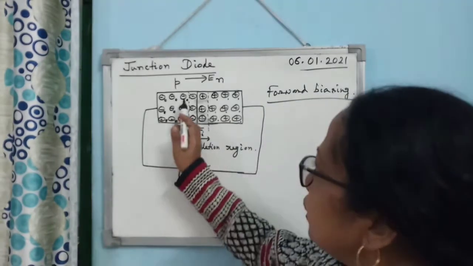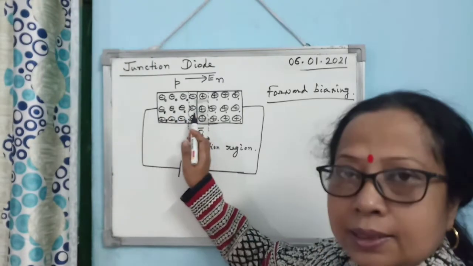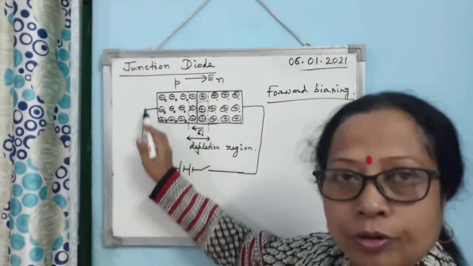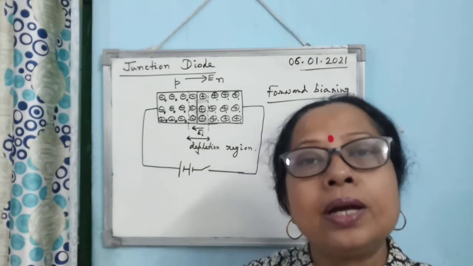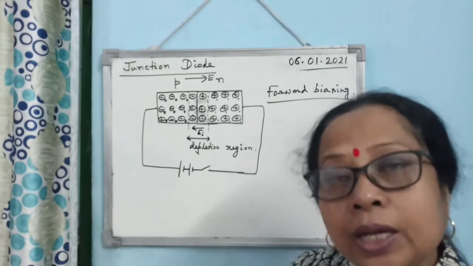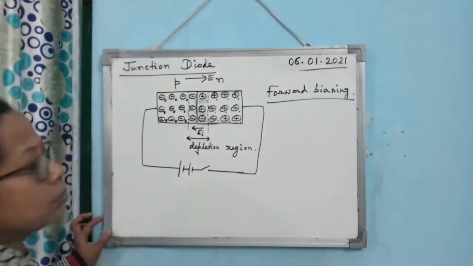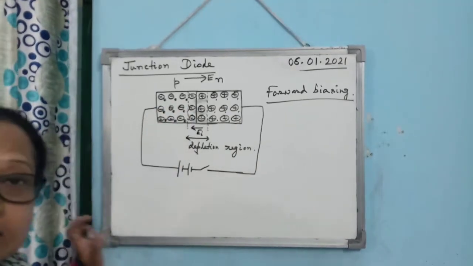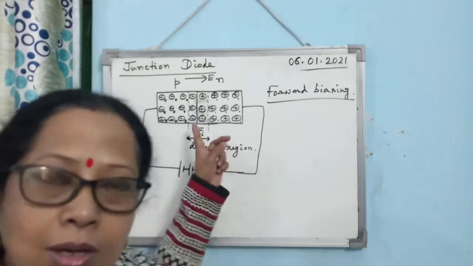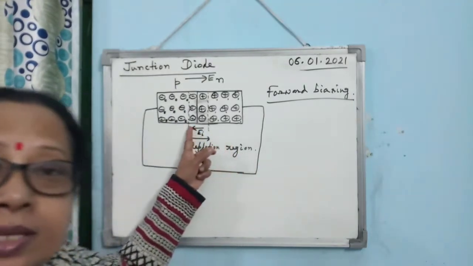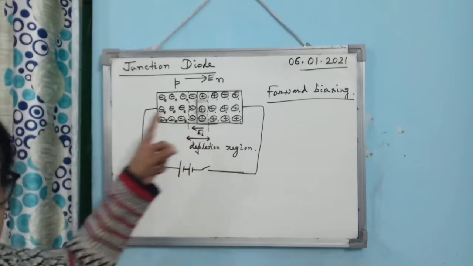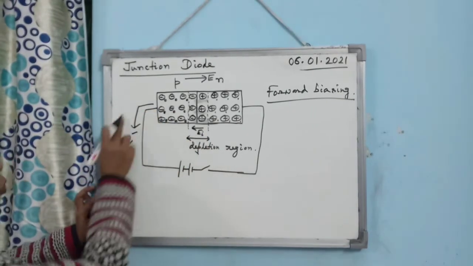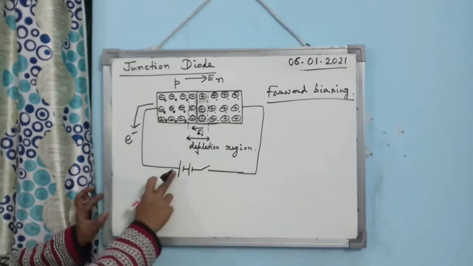When the concentration of hole decreases in the P region, covalent bonds will break at the battery end and electron hole pairs will be produced. Now, when the electron hole pair is produced, holes will stay back within the P region and will try to keep the concentration of hole constant, but the extra electrons will come out and move to the positive terminal of the battery.